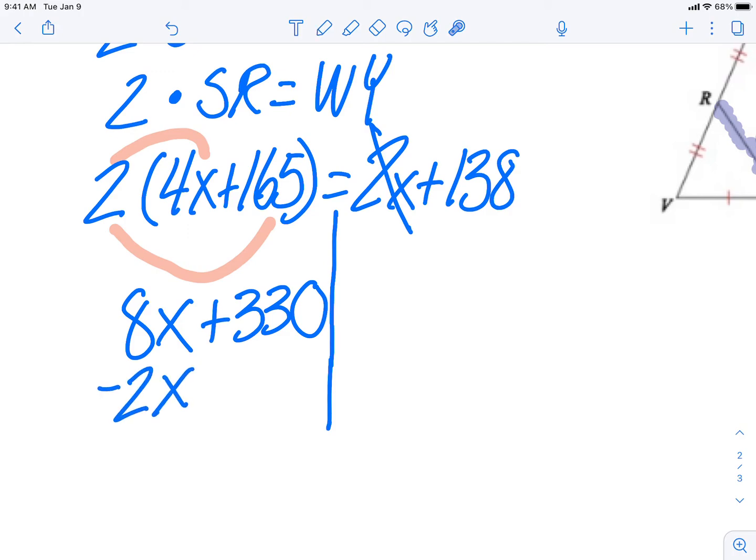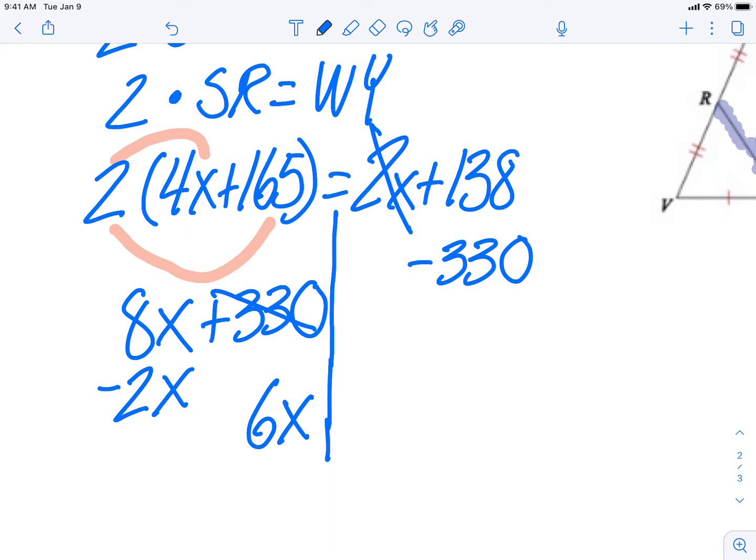And I'm going to bring this 330 over and make it negative 330. So I'm going to make this negative 330, just like that. So this crosses out. So 8x minus 2x is 6x. Right? And 330 minus 138 is 192, I think.